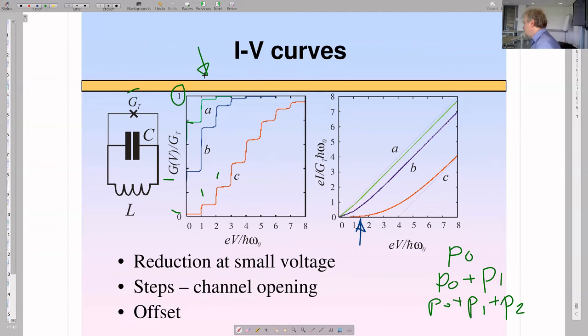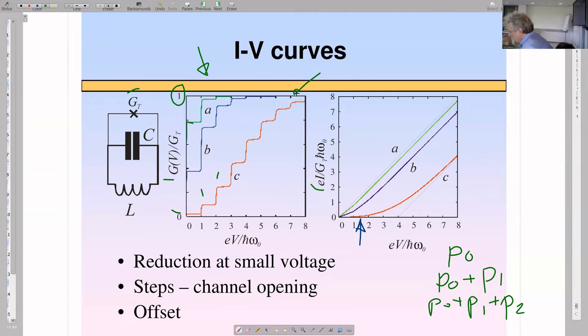Fine. Now I can integrate it over voltage and get the current. What I see in these current curves, IV characteristics: at large voltages, all of them are linear, right?